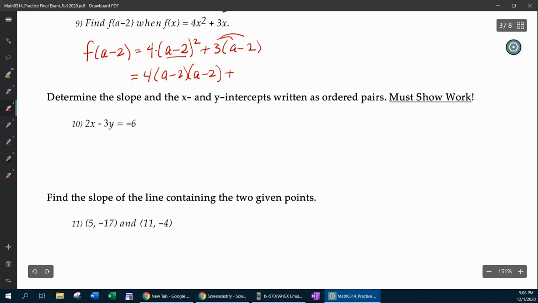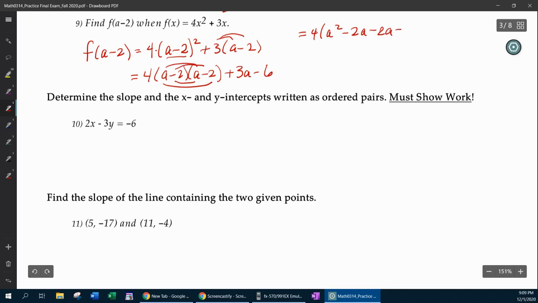Plus, and then this 3 can go ahead and distribute: 3a minus 6. So we're going to have to do the FOIL method with the a minus 2's. All right, so that's going to give me a times a is a squared. On the outside is a minus 2a. On the inside is a minus 2a.